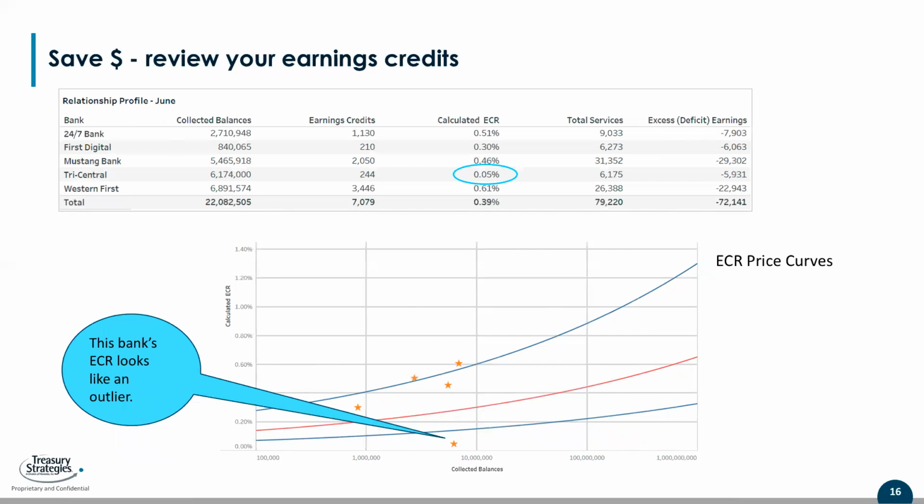And by the way, this is one of my big balance banks. With these guys, I think I need to do something. I either need to negotiate something better with them, or get those balances out of there and put them in a money market fund. If I'm a borrower, maybe I could pay down some short-term debt, really save some money. But this looks kind of sad, and NDepth has pointed that out to us.